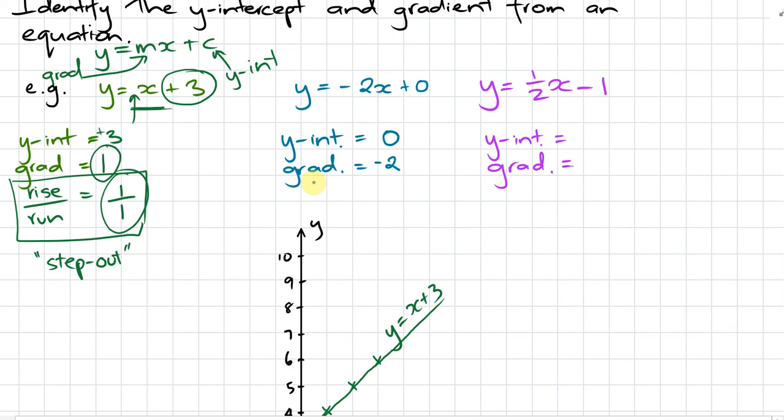If I were to write the gradient in rise over run form, that would be negative 2 divided by 1. So the numerator means I'd be going down 2, and the denominator means I'd be going to the right 1 unit.